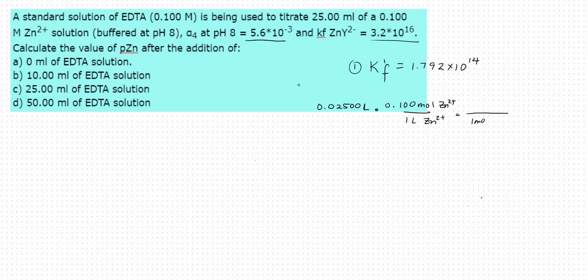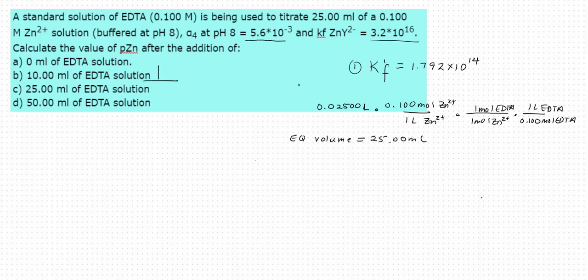So 1 mole of zinc will react with 1 mole of EDTA. And we have a concentration then of 0.100 moles of EDTA per liter of EDTA. So our equivalence volume is then going to be 25 milliliters.